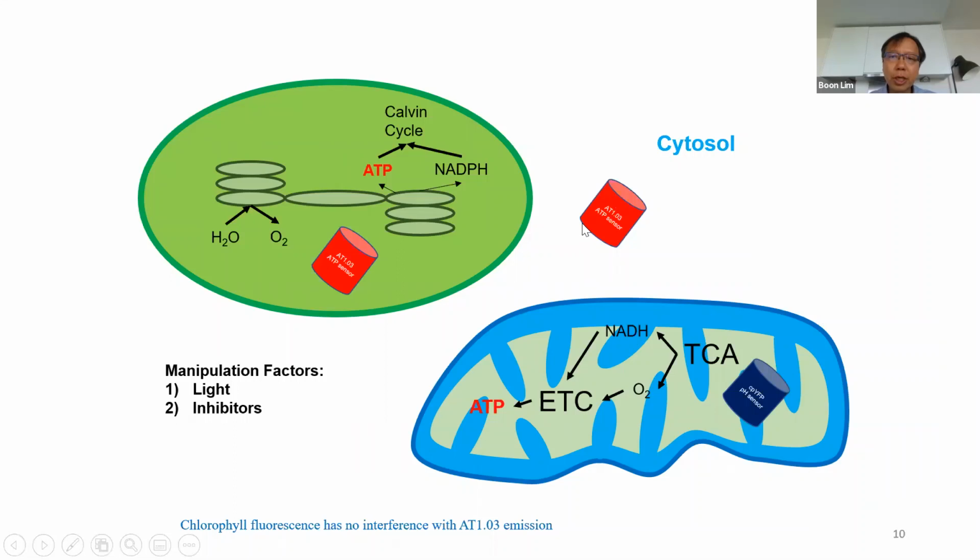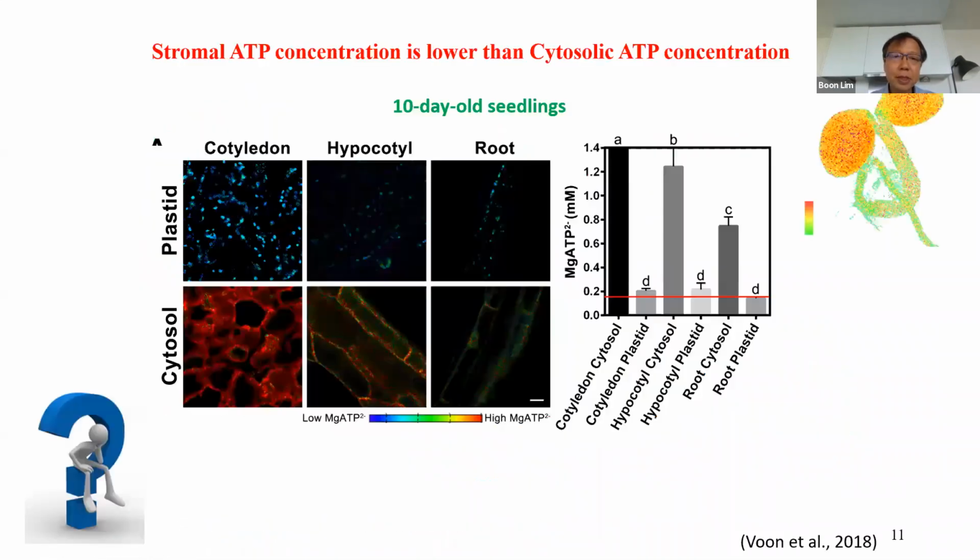We have introduced the AT1.03 ATP sensors into the chloroplast and cytosol of Arabidopsis, and we have also introduced pH sensors into the mitochondrial matrix. Then we monitor the change of the sensors by illumination or by application of different inhibitors.